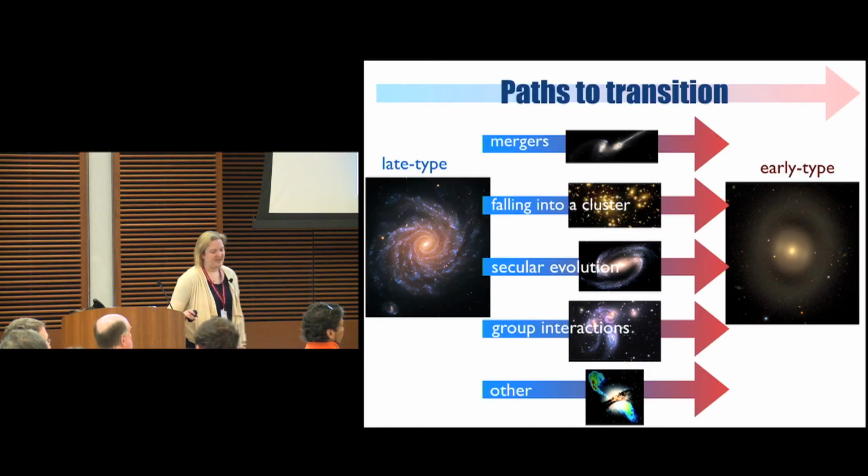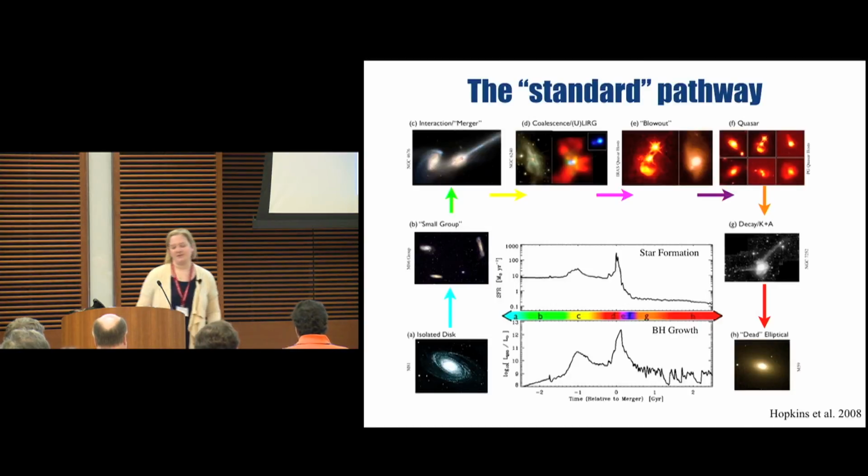Secular evolution is actually a surprisingly good way to do this as well, which is when a galaxy grows a bulge that is large enough that it is able to stabilize its molecular disk against gravitational collapse. Group interactions as well. When you're in a compact group, you actually transition galaxies very rapidly. And the other category, which I used to call the AGN feedback category, but I think new observations have told us that that's maybe not the right term for it. So again, other means, so you can't say, well, you missed something.